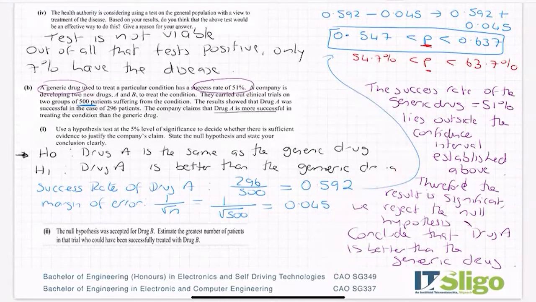But in essence, you compare the standard data to your confidence interval. Does it lie within it or outside it? If it lies within it, you accept H0. If it lies outside it, you accept H1. That's how you do what's called a hypothesis test.